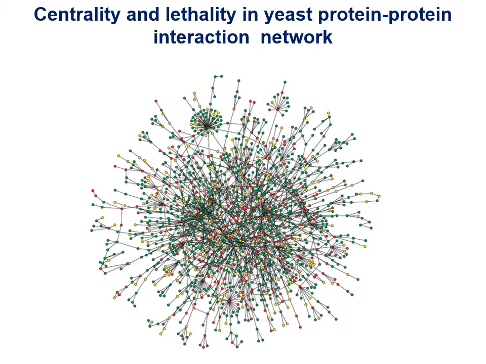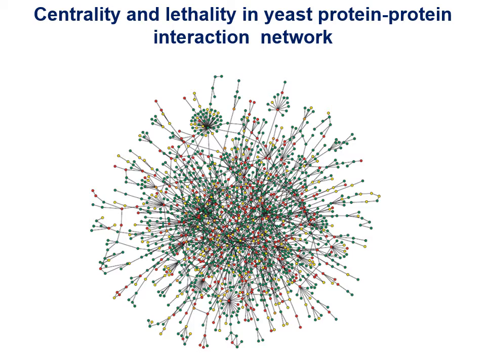There is a theory about the essentiality of the hubs, which is centrality and lethality in each protein-protein interaction network. Centrality of a node is whether this node is a hub or not.